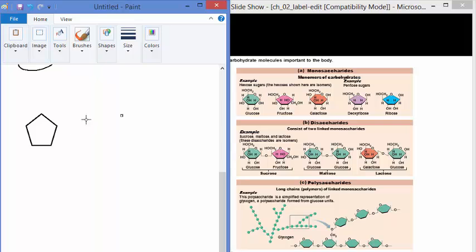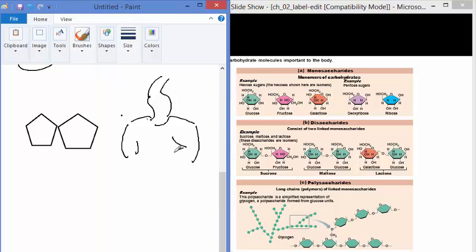So let's say this is lactose. And within our small intestines, there's an enzyme called lactase. That lactase is an enzyme that helps to break down that lactose into glucose and galactose.